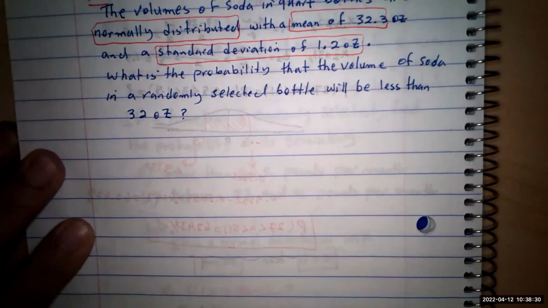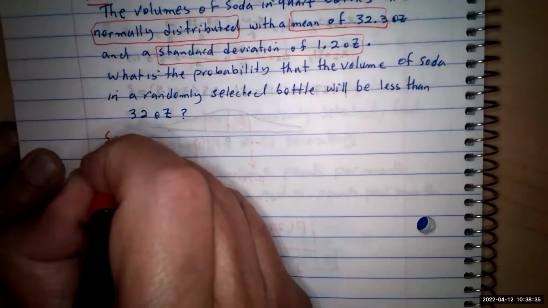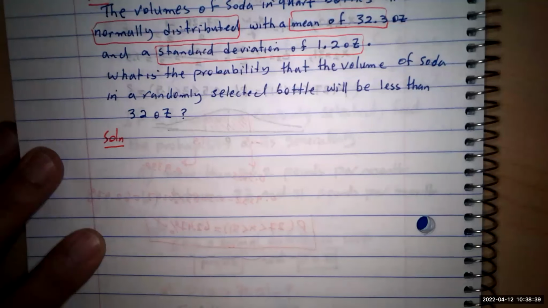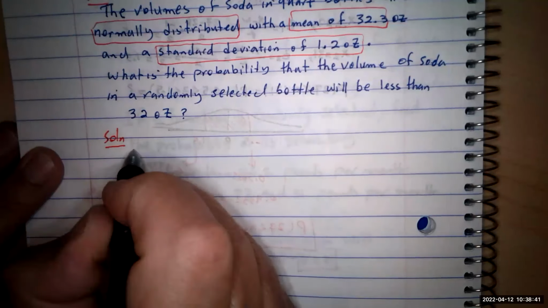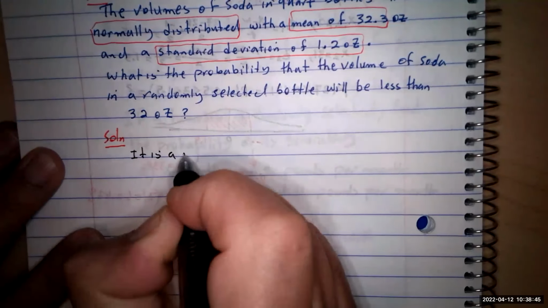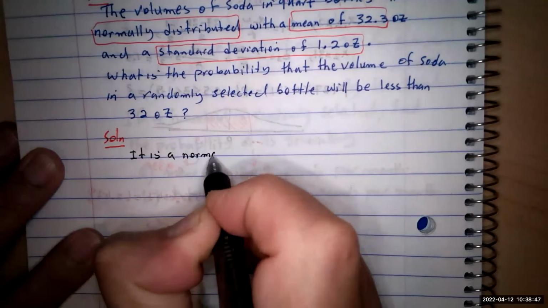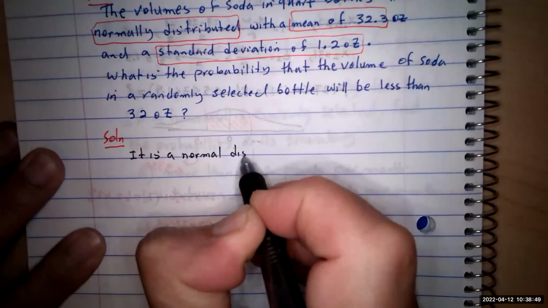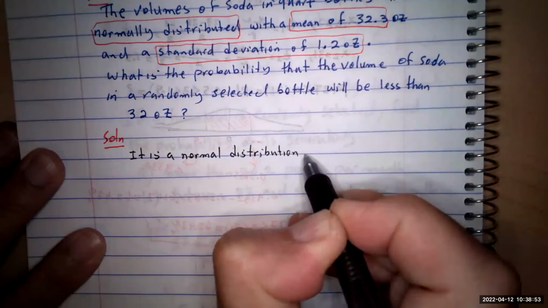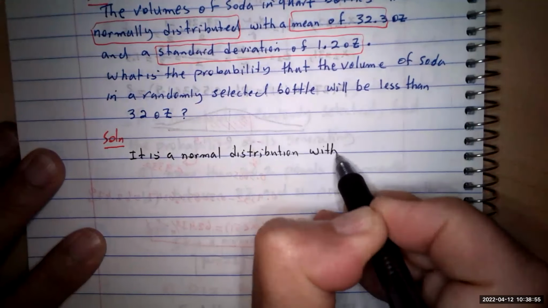Are you ready? Change it to the symbolic form. Solution. It's a normal distribution, and you quickly identify the mean.